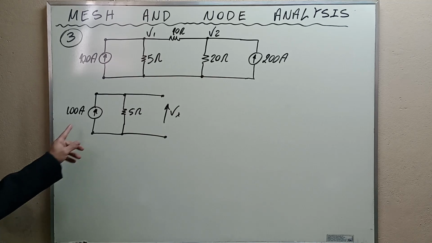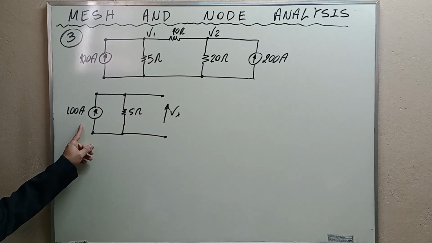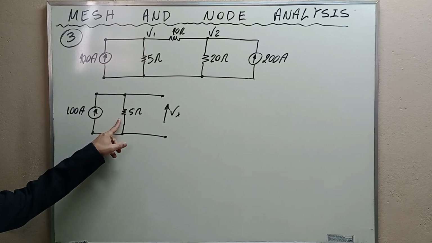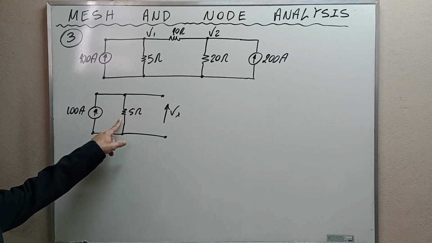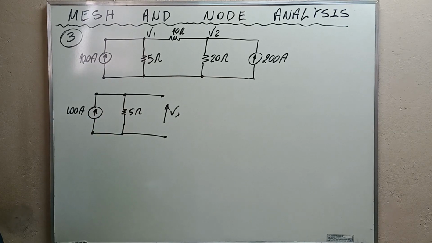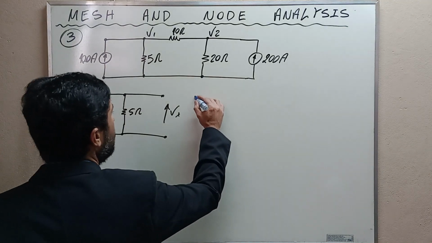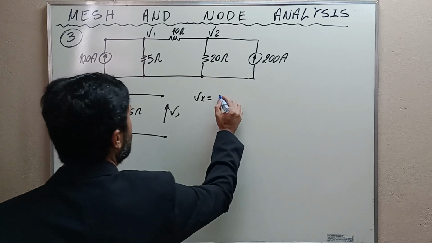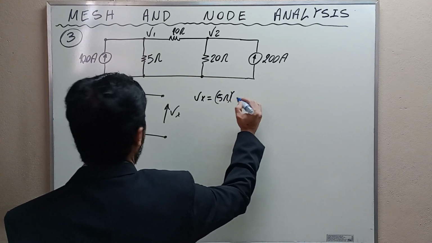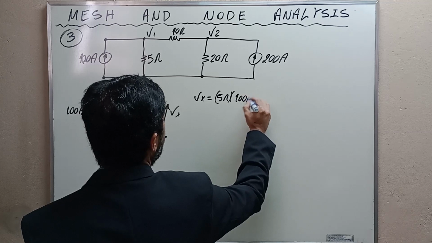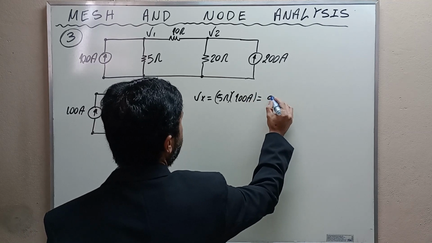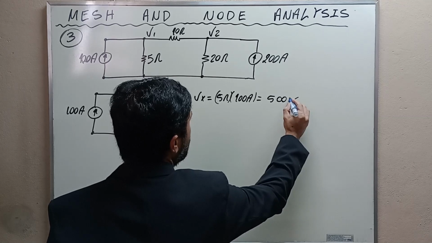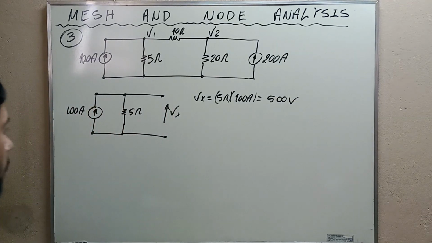And the current of the current source has to flow through the 5 ohms resistor, and when it flows it causes a voltage drop, and the value of the voltage drop is Vx equal to 5 ohms times 100 amps, and this is equal to 500 volts, okay?